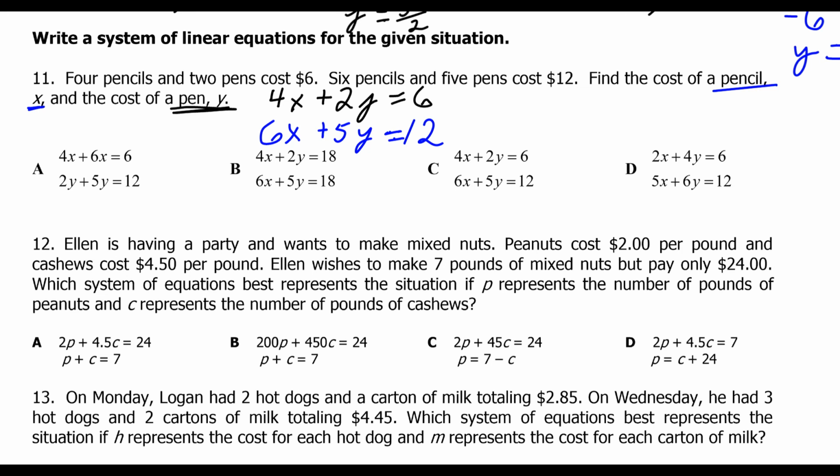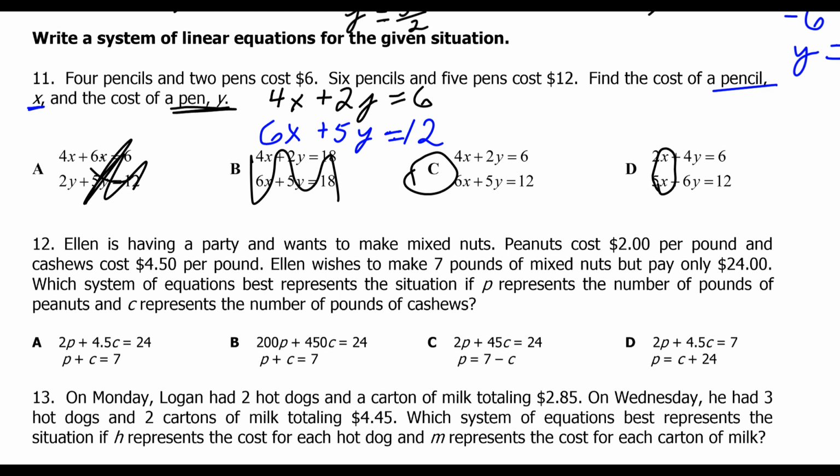All they did was add the 6 and the 12, and that's not right. 4x plus 2y equals 6, and 6x plus 5y equals 12. That works. That is the correct answer. Now, on D, what they did wrong was they used the x and the y in the wrong places with the wrong coefficients. They switched them. They weren't paying attention to what the pencil is supposed to be and what the pen is supposed to be.